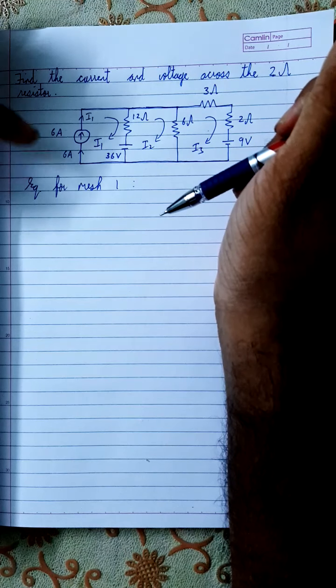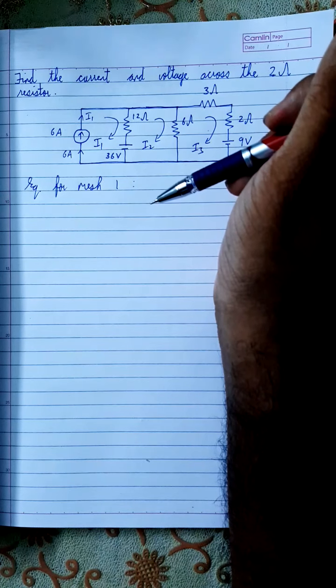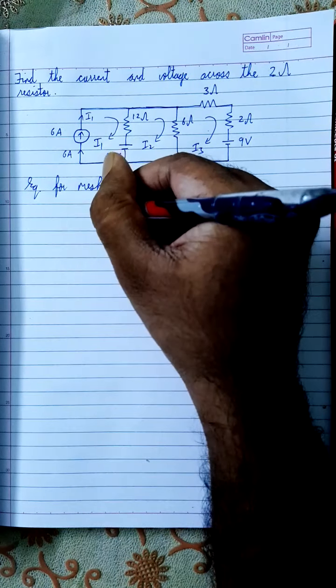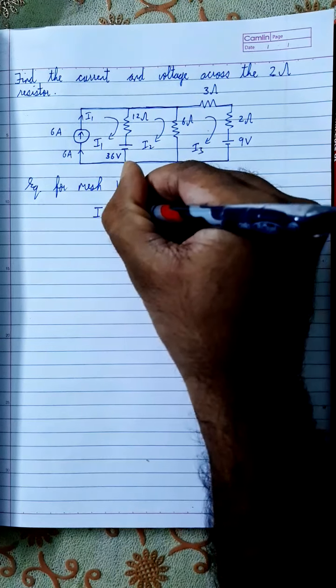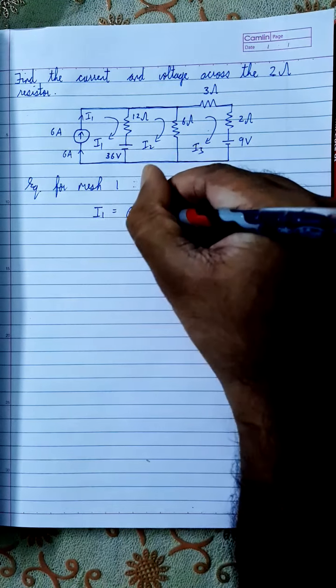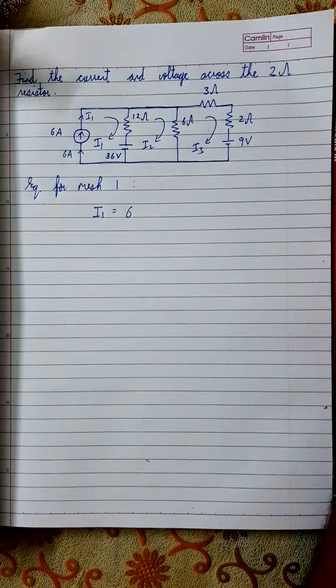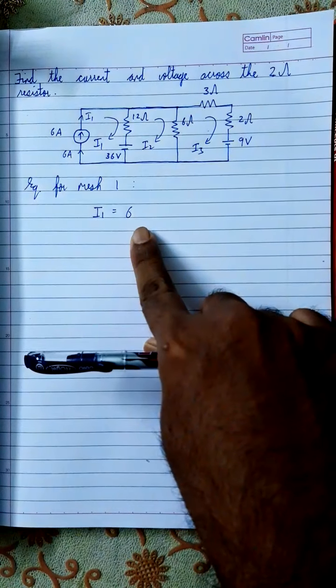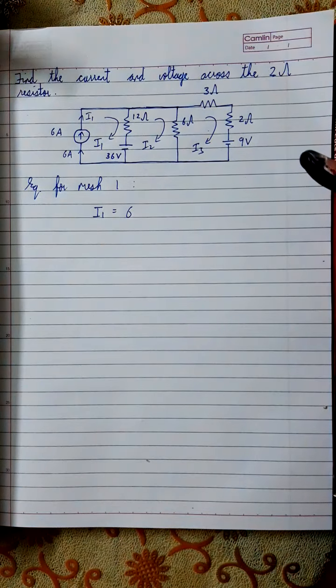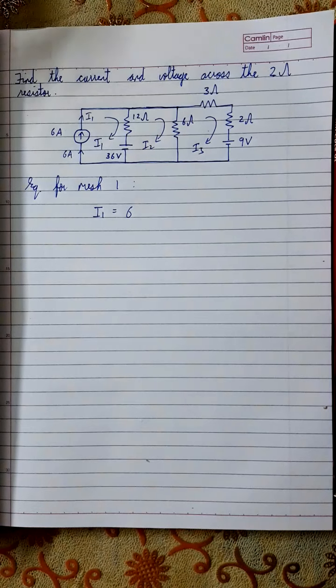According to common sense, this means the value of I1 is directly 6 amperes. This is the equation of mesh 1, right? See, what is the purpose of writing the mesh analysis?